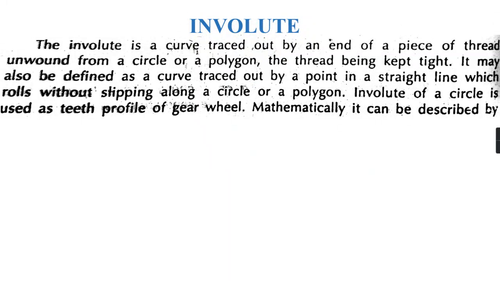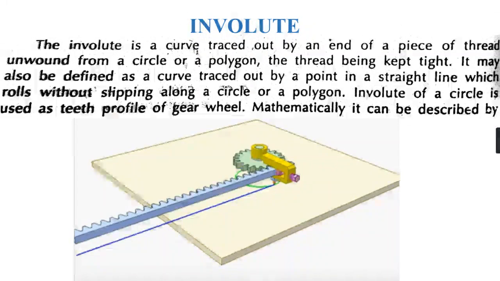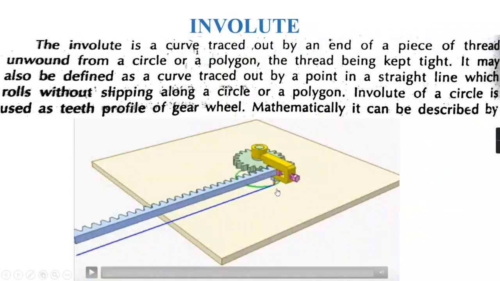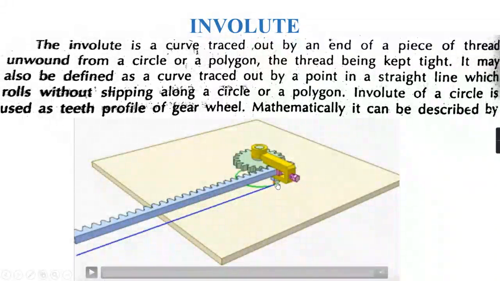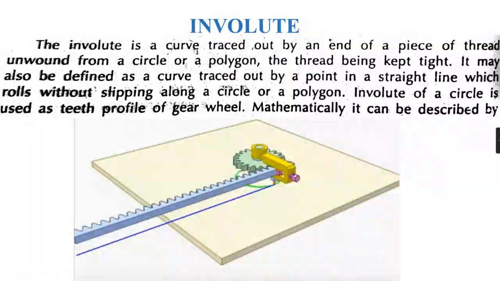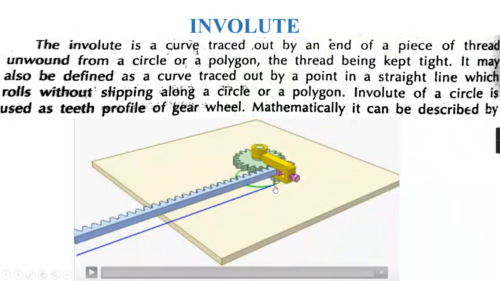So here you can see, this gear is holding a pencil, and the tip of the pencil is on the circumference of the circle. This point is the end point of this line. So the tip of the pencil is fixed on this line, you can say.